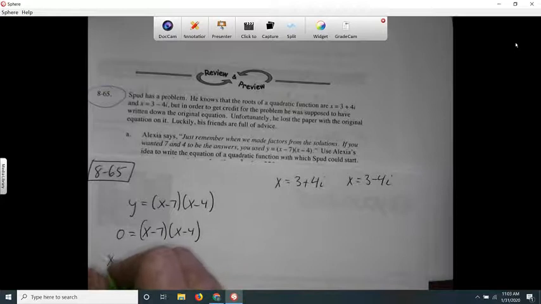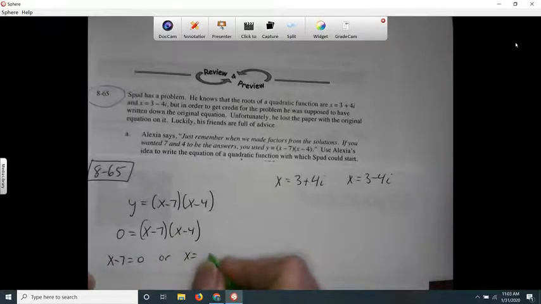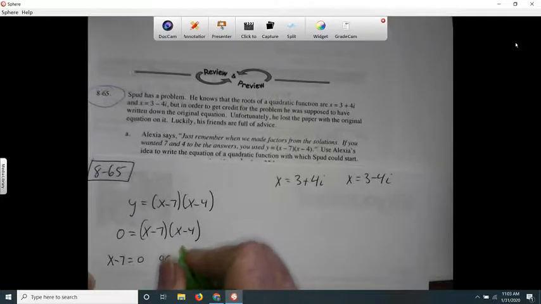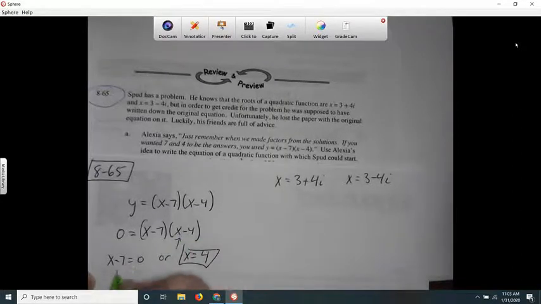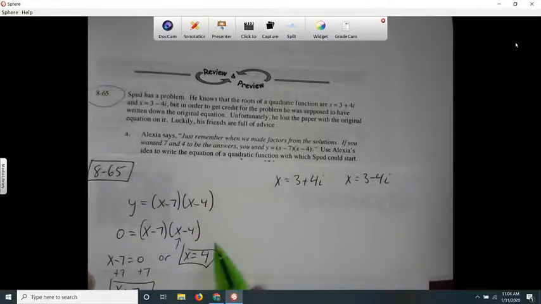You'd say, this would say x minus 4 equals 0, so x equals 4. And this would be x minus 7 equals 0, x equals 7. So it's kind of like you're working backwards. If these are the solutions, then the factors were x minus whatever the solutions are.